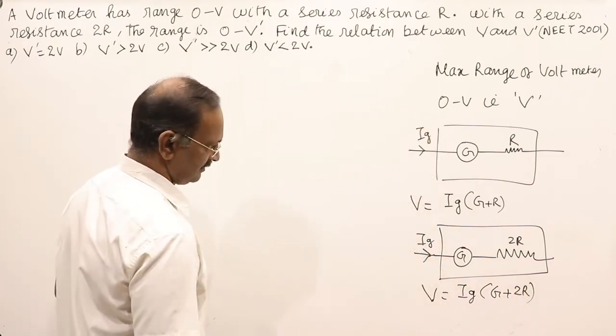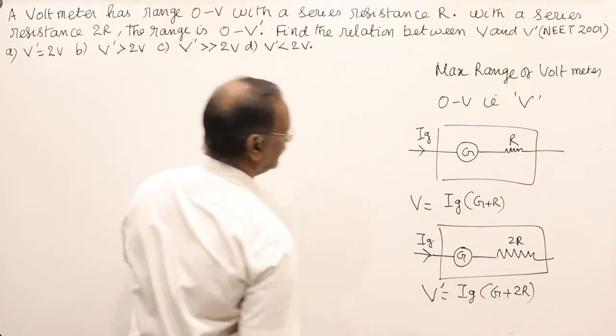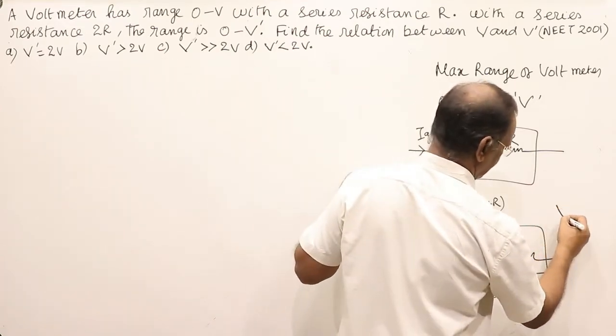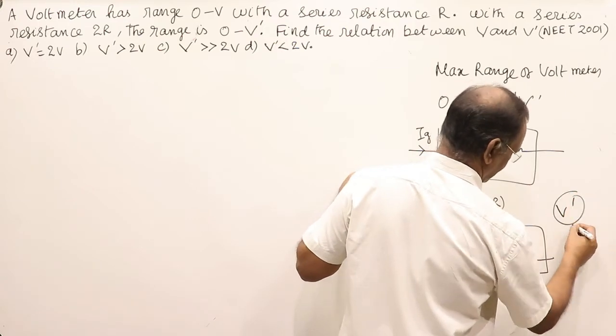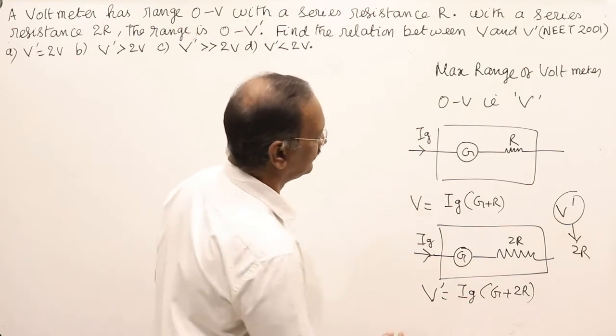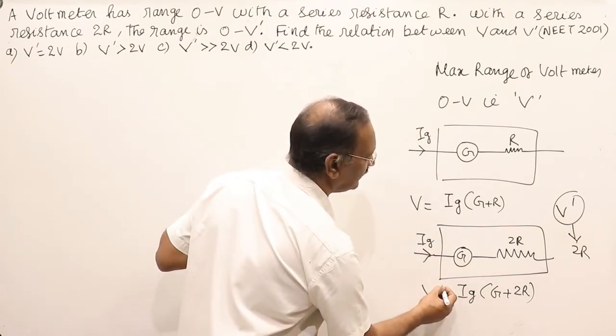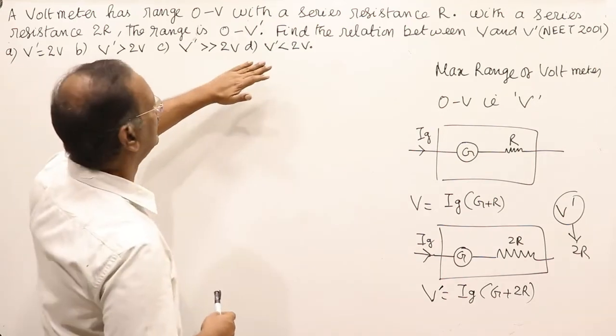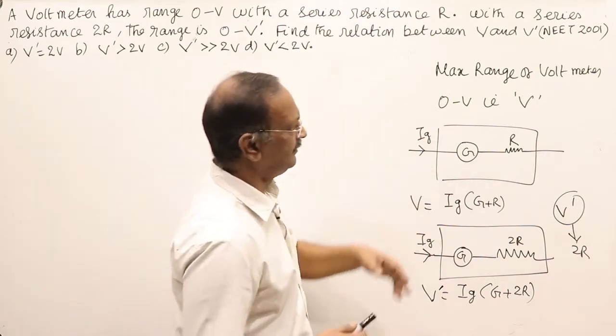Now we can call it V dash. When 2R is connected, its range is V dash. Now we have to find out the relation between V and V dash.